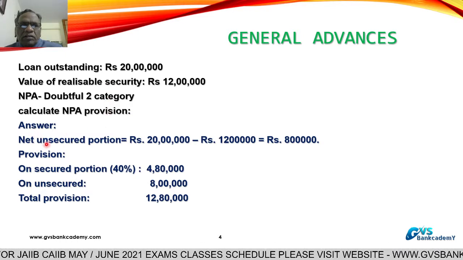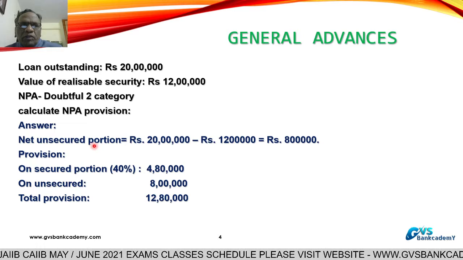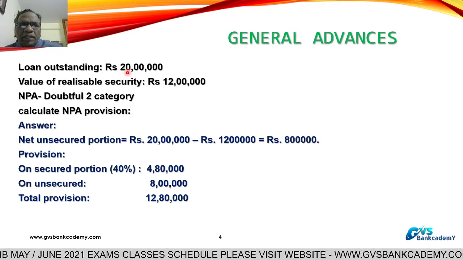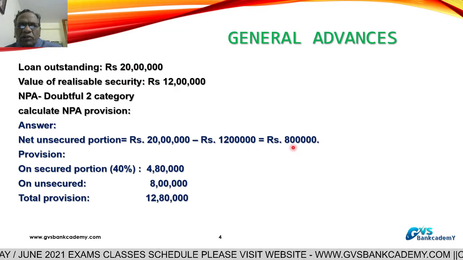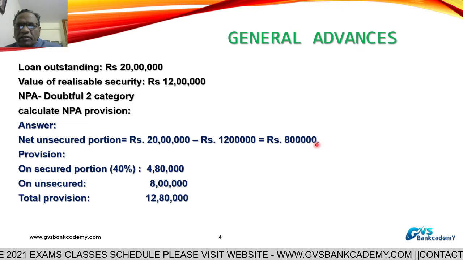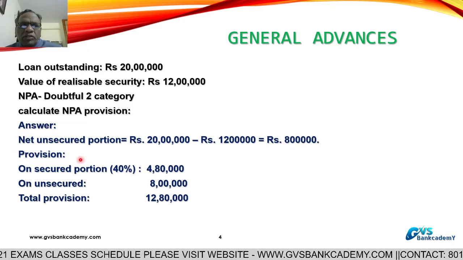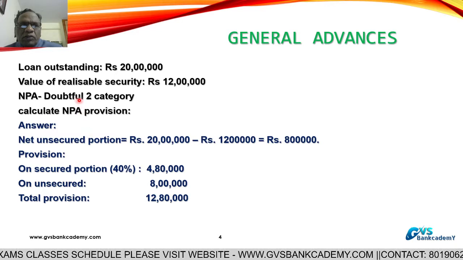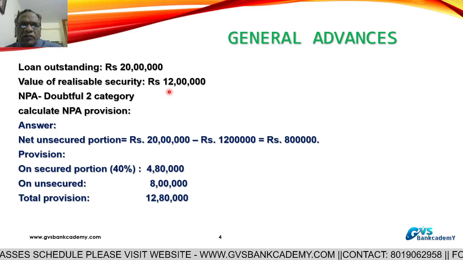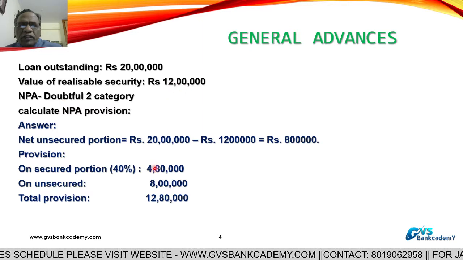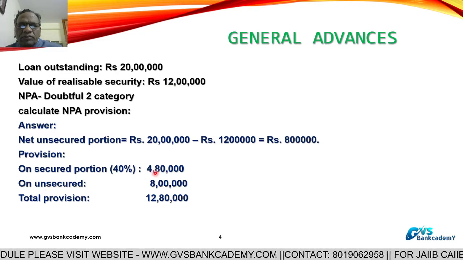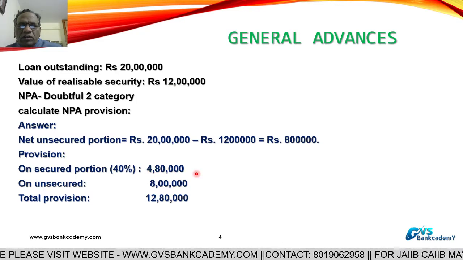Answer: net unsecured portion in the borrowing account. Total value is 20 lakhs minus security 12 lakhs. Unsecured balance is 8 lakhs. Now what is the provision calculation? This is doubtful 2, which means secured portion 40%. 12 lakhs into 40%, that is 4 lakh 80,000 on the secured portion.